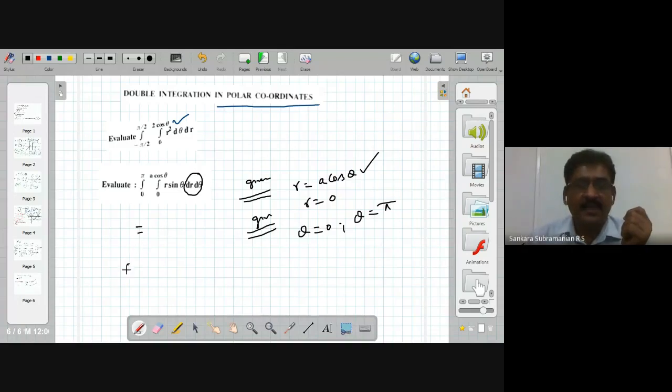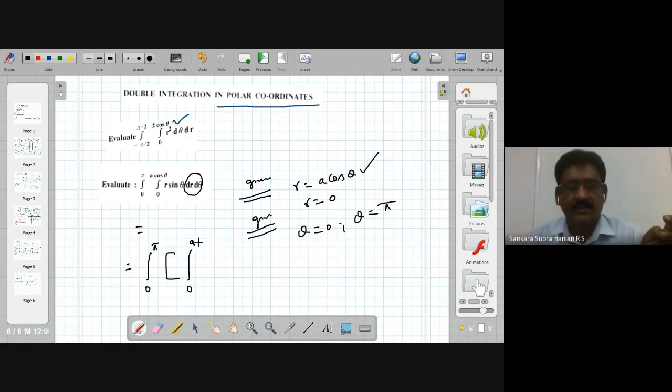So therefore this can be written as integral 0 to pi. Okay, theta-ல இருக்கிறதுனால r-ஆல integrate பண்ண போறேன். So therefore integral 0 to a cos theta. So இந்த இடத்துல வந்து sin theta வெளியில எடுத்துக்கலாம். This is r into dr, வெளியில d theta இருக்கு.